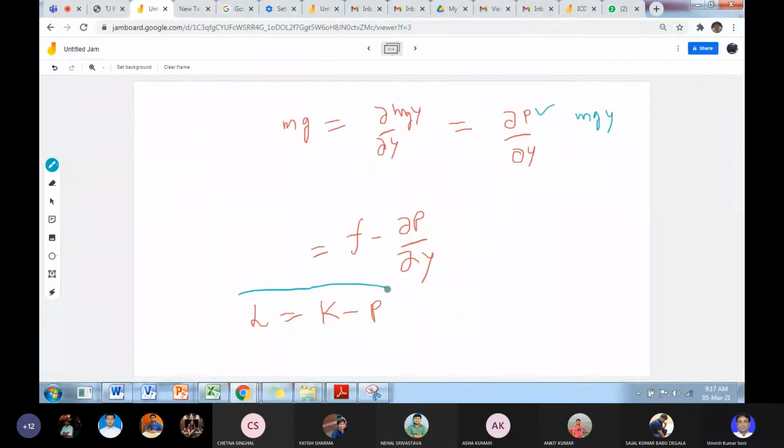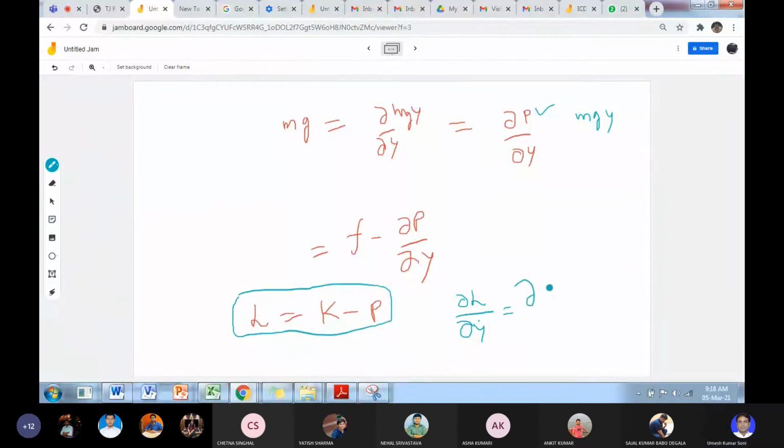so you have a Lagrangian defined by the difference of kinetic energy minus potential energy. Then what is the value of the Lagrangian with respect to y dot? What will be the value? This will be equal to the differential of this term.